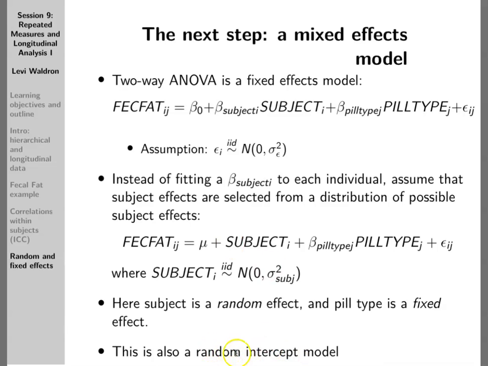So this is called also a random intercept model because we are assuming that the intercept, the mean amount, the mean per individual is random. It is possible to also have a random coefficient of pill type. So rather than assuming that the effect of taking a capsule is the same for everyone, to assume that the effect of taking a capsule is also a random variable. But that's not what this particular model is showing.